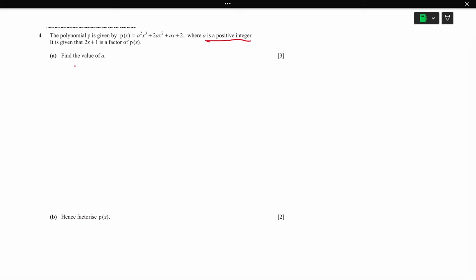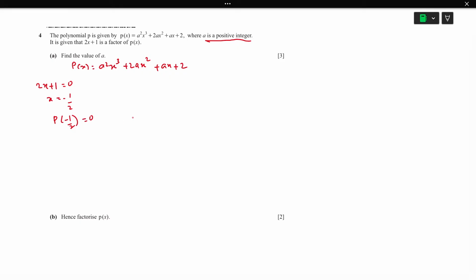So the given polynomial p of x equals a square x cube plus 2a x square plus ax plus 2, and one factor is given. The factor is 2x plus 1 equal to 0, so x equals negative 1 by 2. So just apply here: p of negative 1 by 2 equals 0.